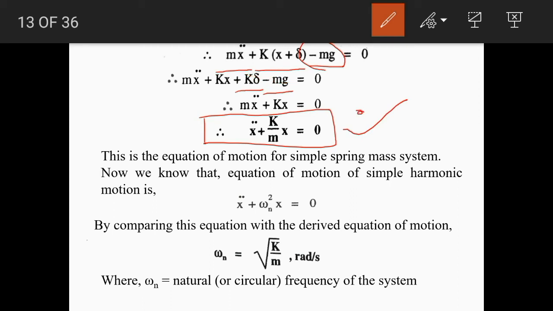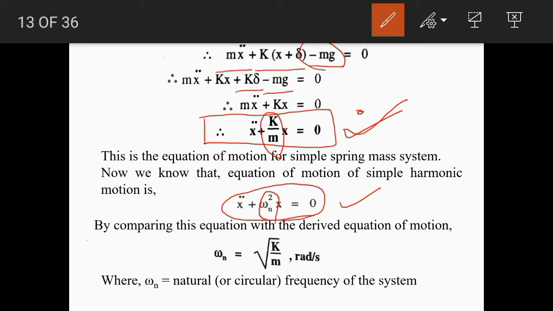Here we can see that the equation is quite similar to the equation of simple harmonic motion which we derived earlier, that is x double dot plus omega square x is equal to 0. By comparing these two equations, we get omega square is equal to k divided by m.